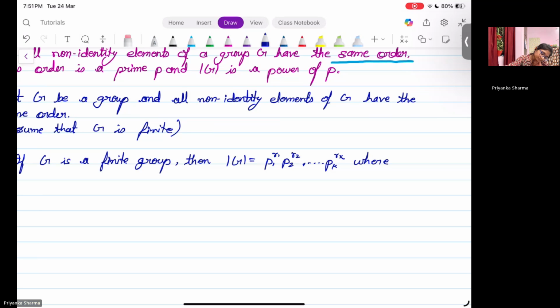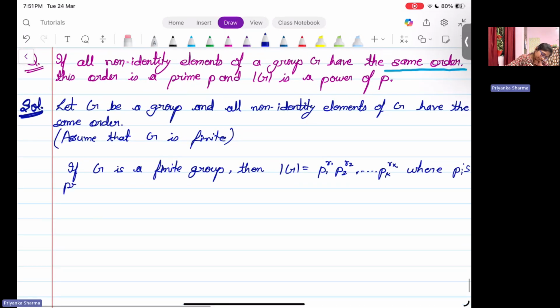Where the Pi's are prime and the Ri's are natural numbers.